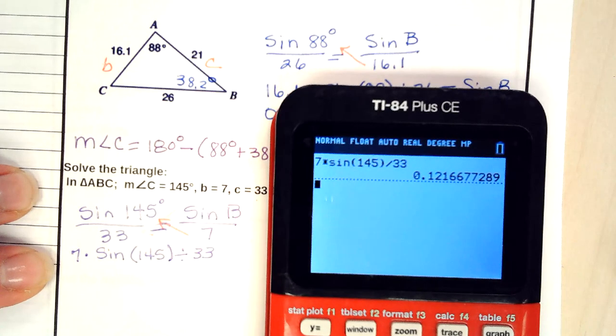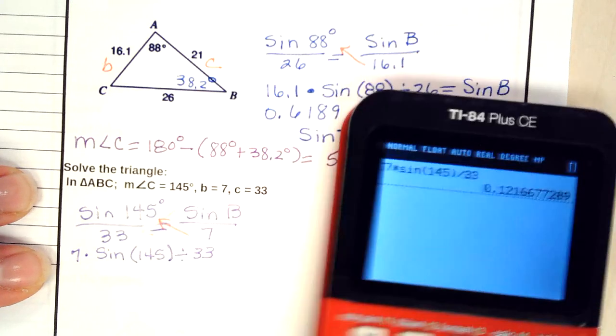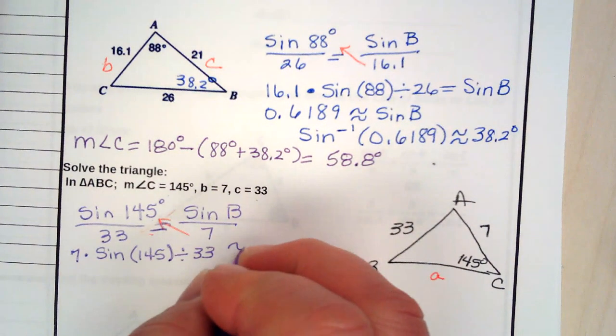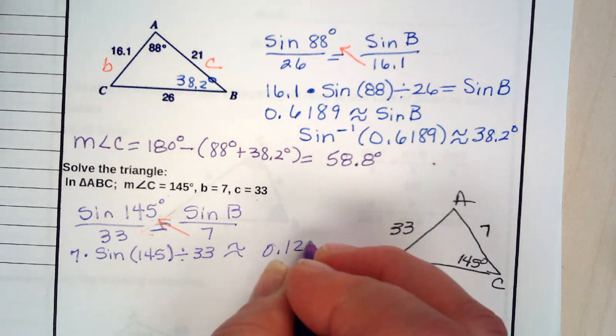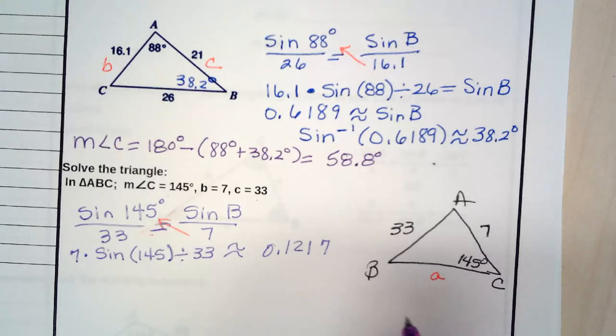And I get 0.12166. So this is approximately 0.1217.